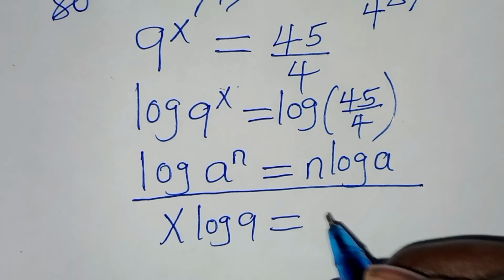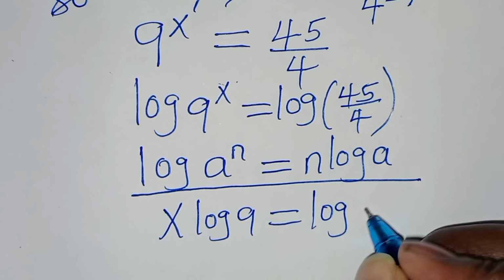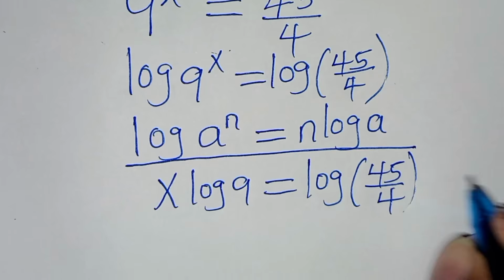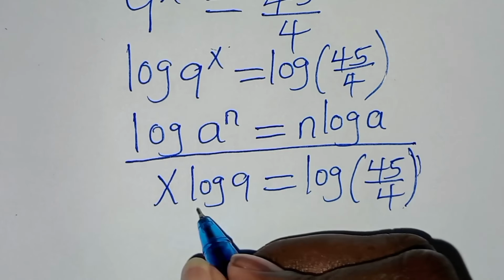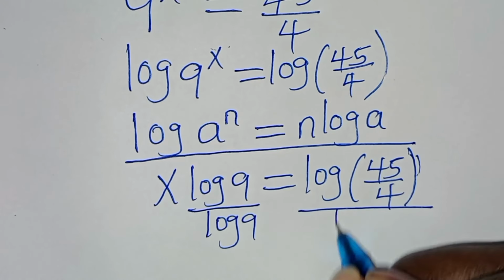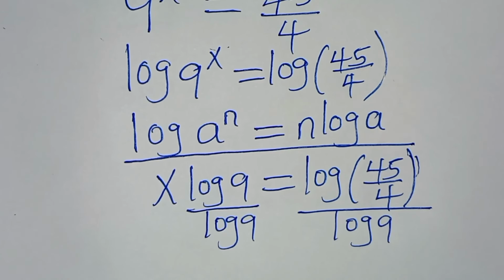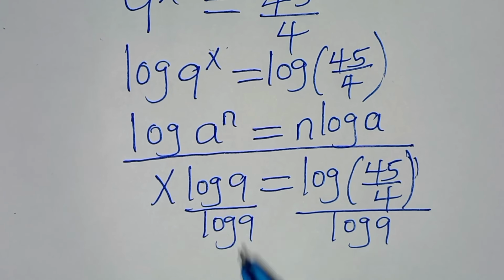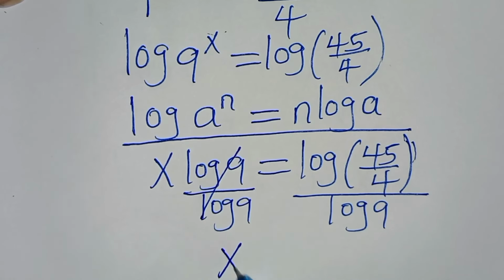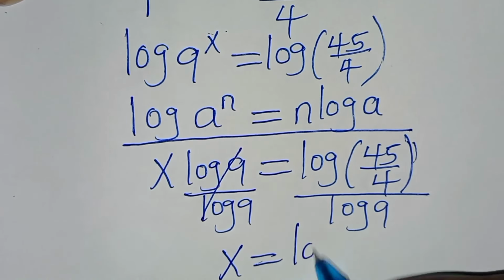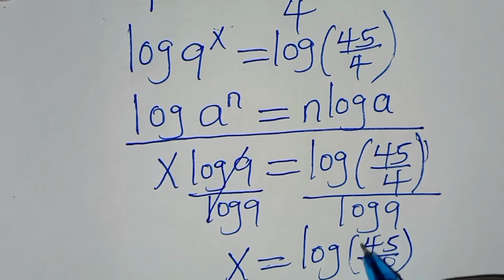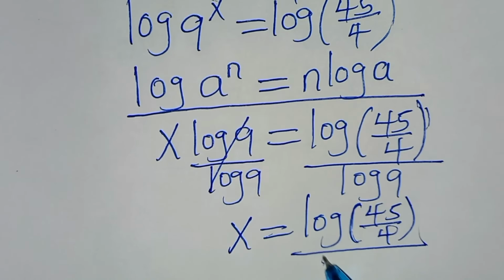This is equal to log 45 over 4. Then we divide both sides by log 9 and also here by log 9. The next step is to simplify. Log 9 simplifies, so that now x is equal to log 45 over 4 divided by log 9.